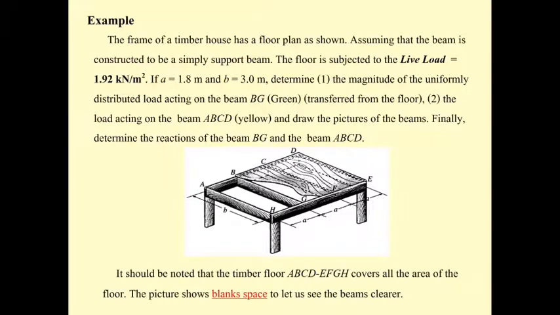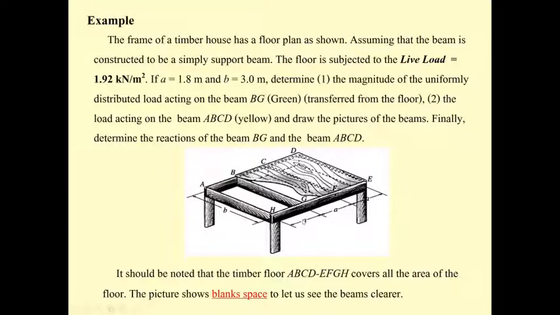And then there is another problem that we should consider, for the beam that's subjected to two-way action. Then come to the frame of the timber house that has the floor plan as shown here. We assume the beam is again constructed as a simple beam, and the force is subjected to only the live load of 1.92 kilonewton per square meter. In this problem, A is going to be 1.8.